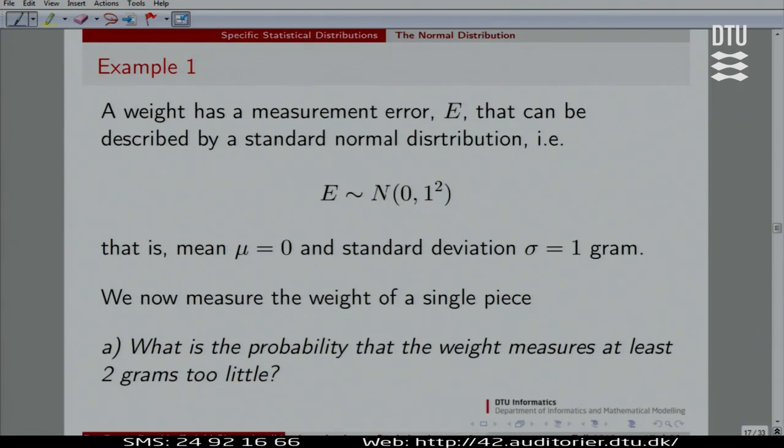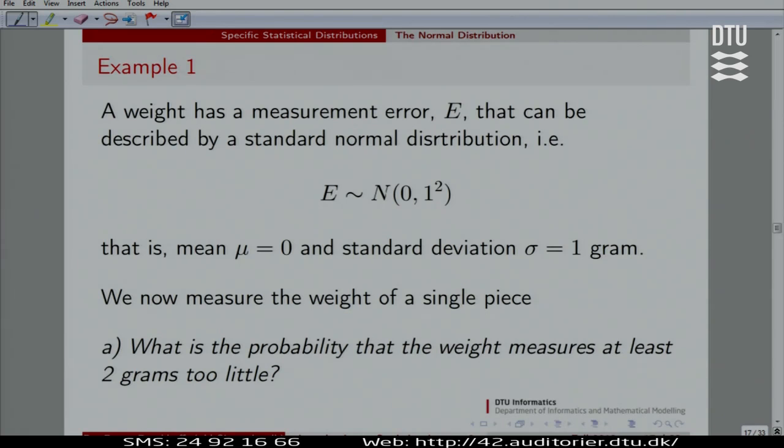For instance, measurement errors, which have no other explanation than randomness, often behave like a normal distribution. What is a normal really? It's something which is symmetric. Half of the time to the left, half of the time to the right. And it has quite a specific shape, actually. But this symmetry property is a key one.